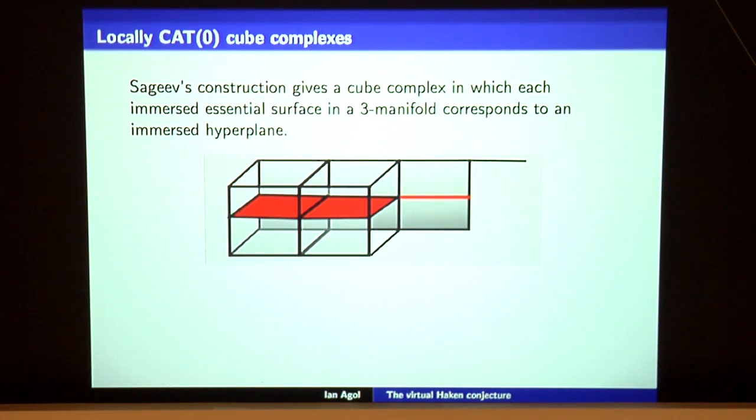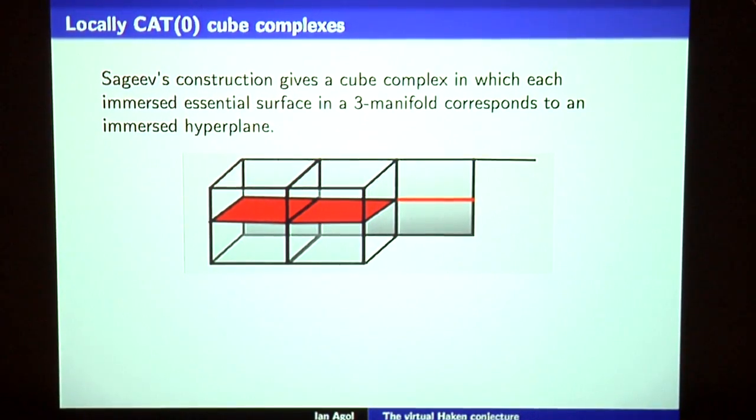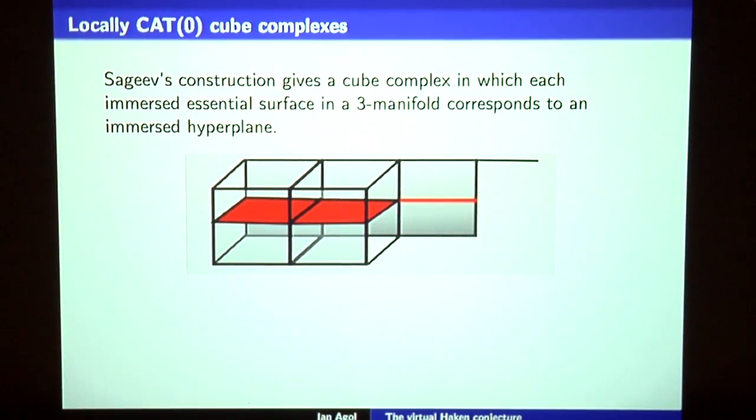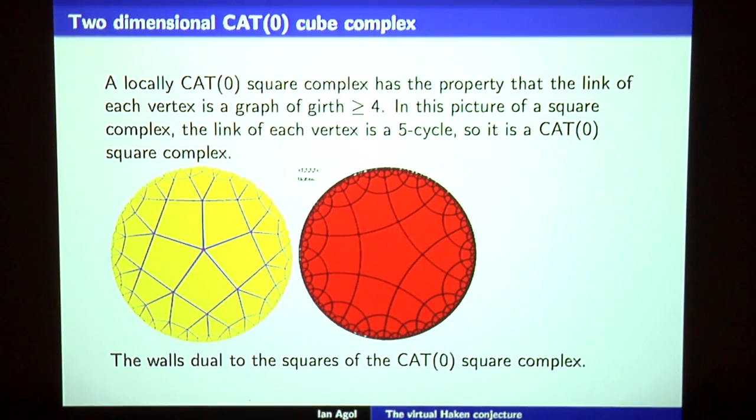So what Sageev's construction does is it gives a cube complex in which these hyperplanes, well, there's a group action, so this cube complex extends in all directions, and there's a group acting on it. And the stabilizers of the hyperplanes will correspond to these immersed surfaces that are in the manifold. Maybe I can go back to my pictures here.